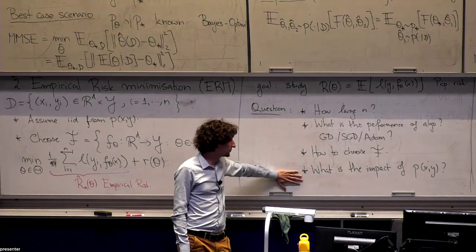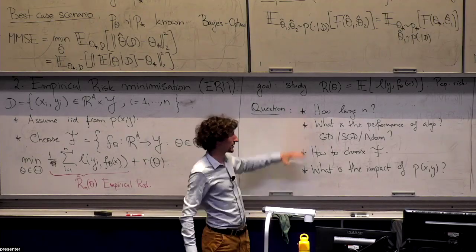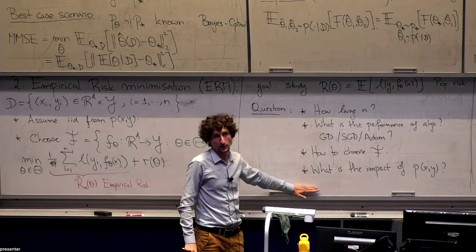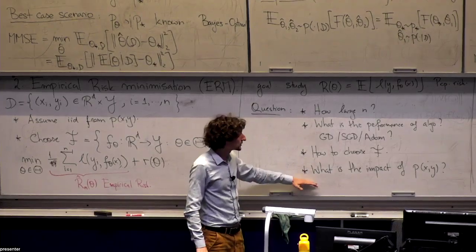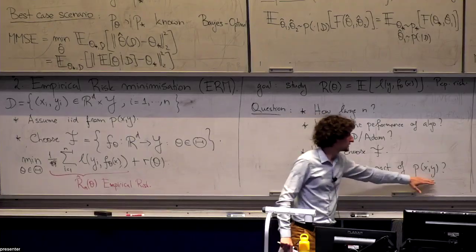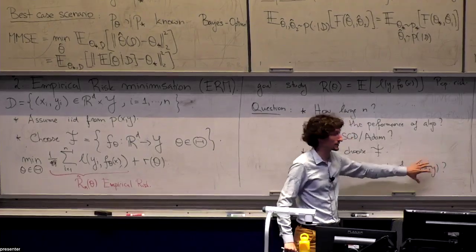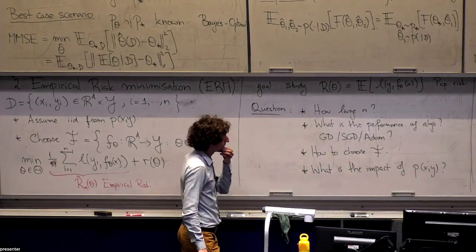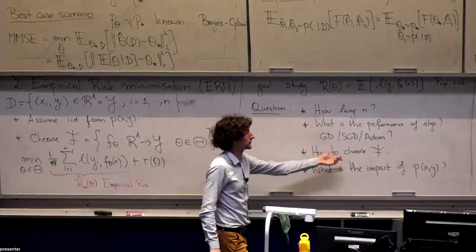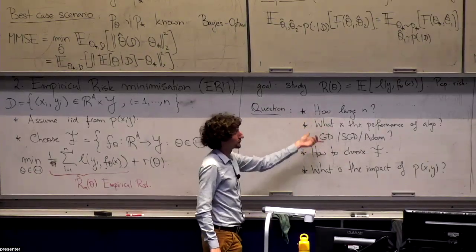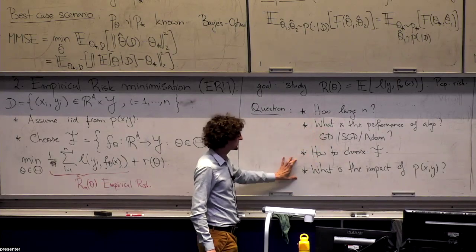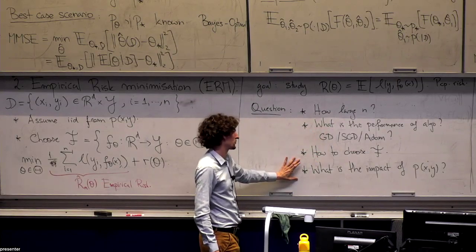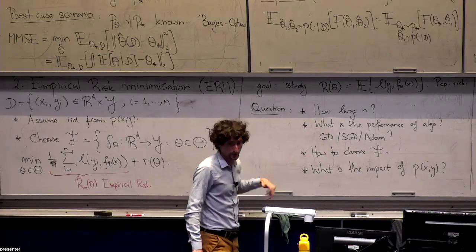You cannot be ambitious enough to think that you can answer all these questions agnostically of your data distribution. So how do the different classes of functions that generate the data, what is the complexity of learning them with certain architectures, with certain algorithms? This is something that sometimes gets forgotten, but it is very important, especially in the high dimensional limit.